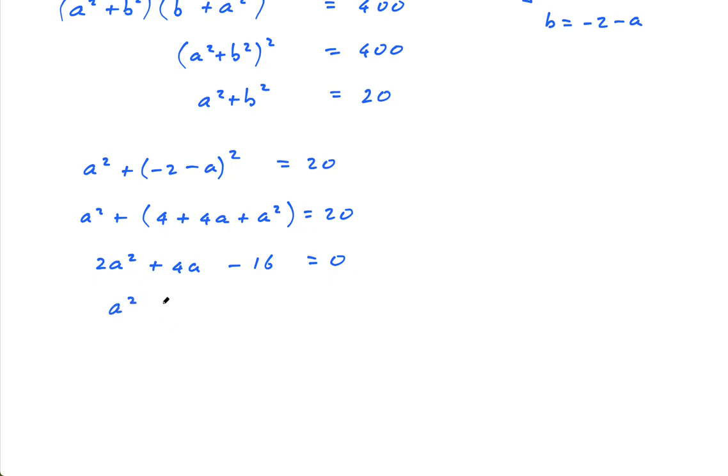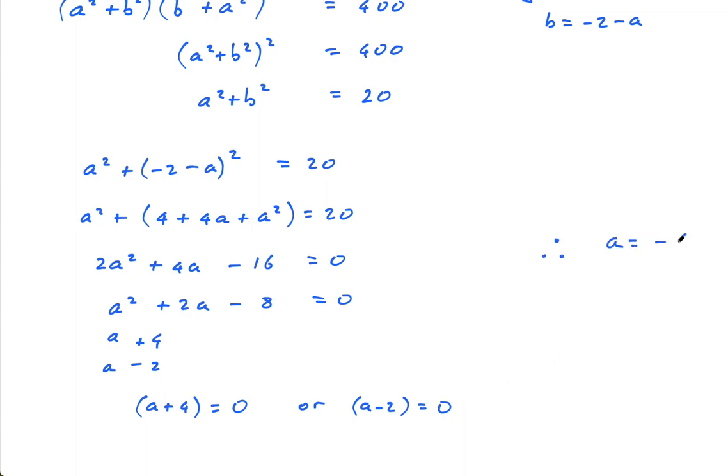I'm doing this bit quickly, guys, because it's just a quadratic. You can figure it out. a squared plus 2a minus 8 equals 0. Factors of 8, 4 and 2. This must be plus, this must be minus. a plus 4 equals 0, or a minus 2 equals 0. Therefore, a equals negative 4, or a equals 2. And that's the two possible values of a.